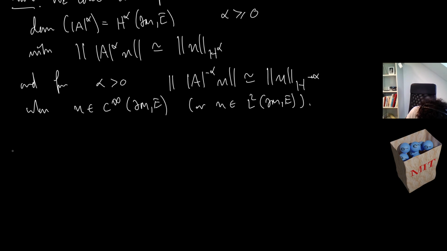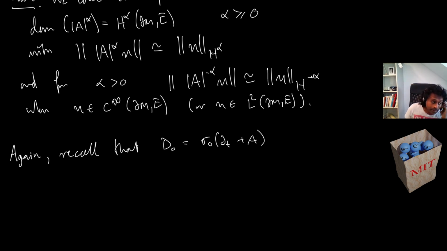So recall that we have d naught equal to sigma naught partial t plus a. So that's if and only if sigma naught inverse d naught star is equal to minus partial t plus a adjoint.